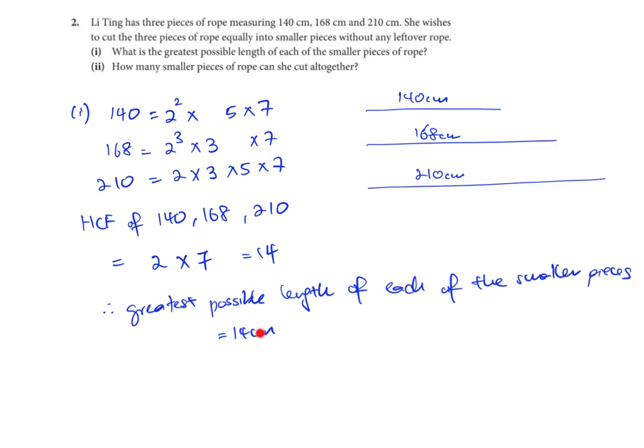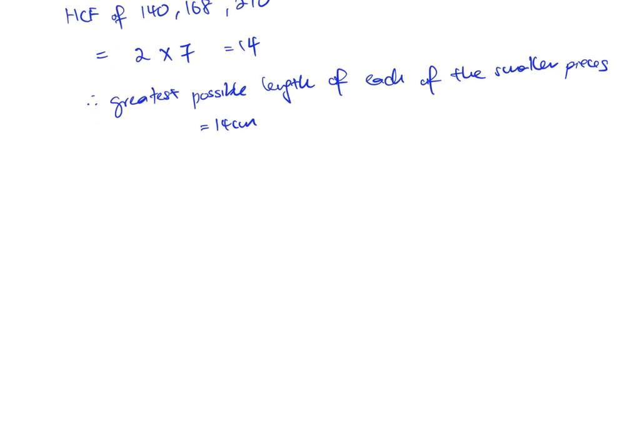Alright, then for part 2, they ask you how many smaller pieces of rope she can cut altogether. So I need to know how many of the 14 cm can I cut from 140, how many from 168, and how many from 210. So obviously it's just going to be a division.